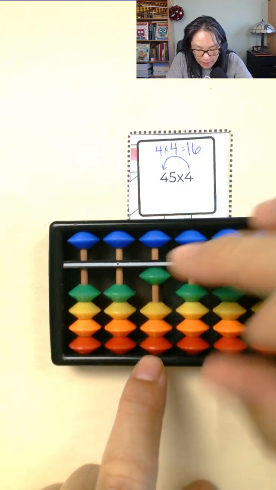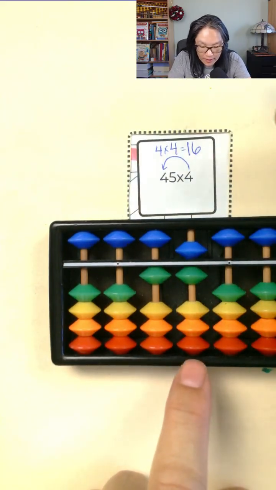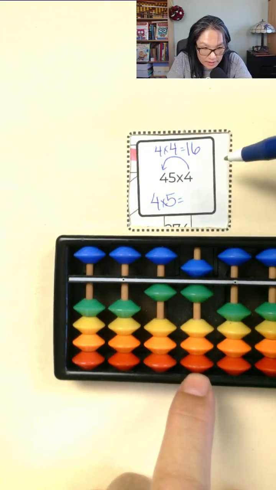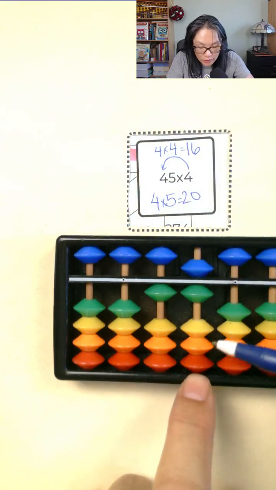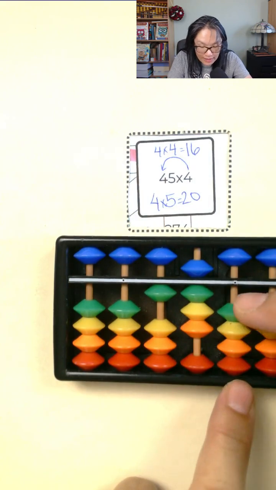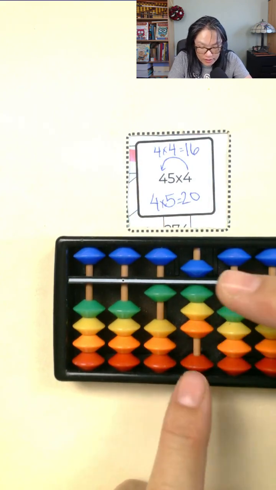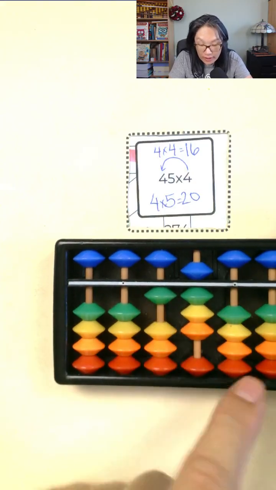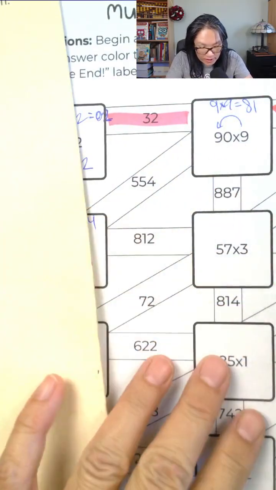Add my 1, add my 6. And then I'm over here. 4 times 5 is 20. So we add the 2, add the 0. So my final answer is 180. Because it's 180, it'll take me down to here.